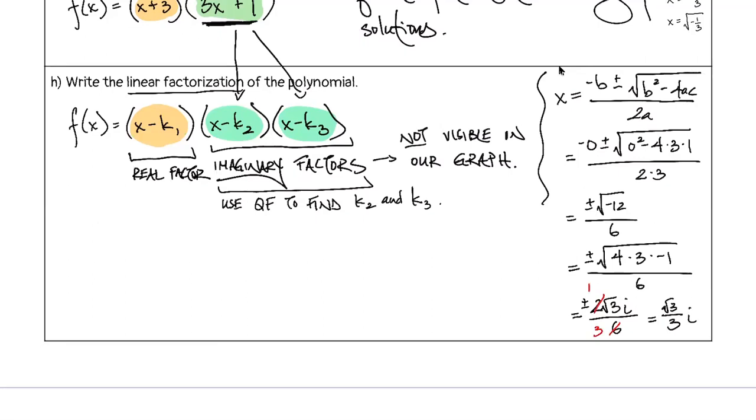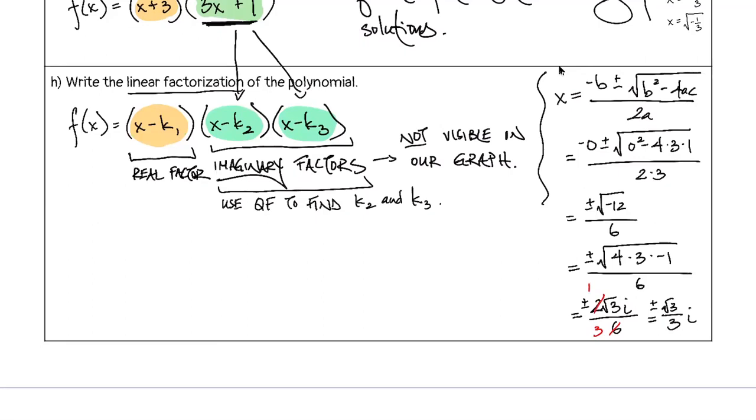That way we kind of know that's the imaginary part. But we want to make sure we keep that plus or minus sign because we know that we don't have just one imaginary factor, but we have two imaginary factors. So one of them is the positive one and the other one is the minus one.